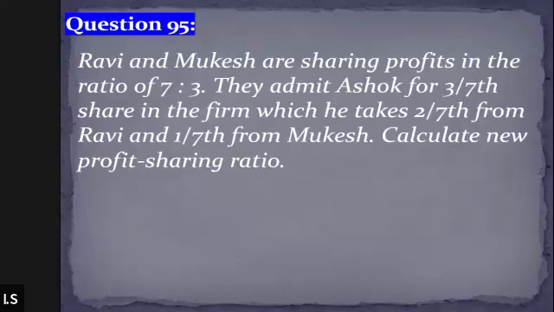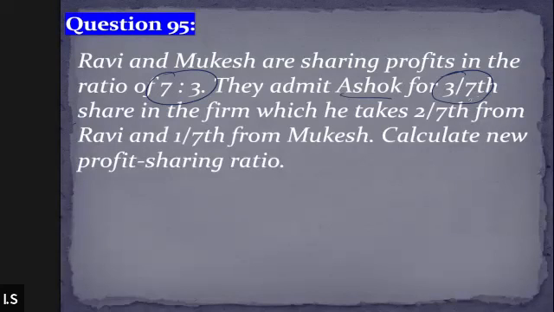In this question, the first thing given is the ratio 7:3. That was obviously also available in the previous question as well. But here you will notice one thing: they have admitted Ashok, the new partner, and the new partner is going to acquire 3/7.